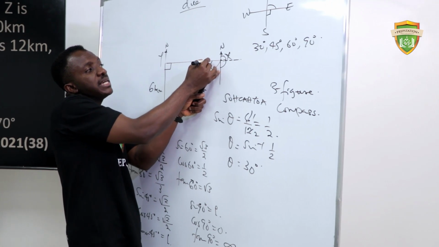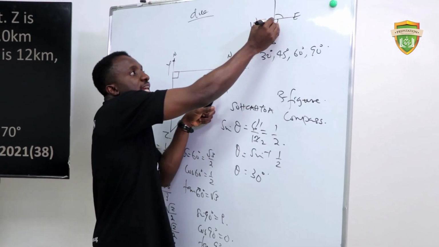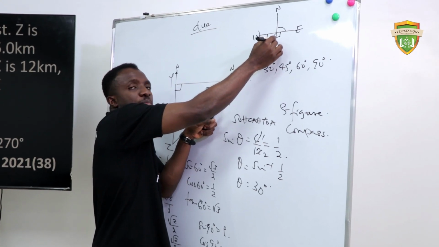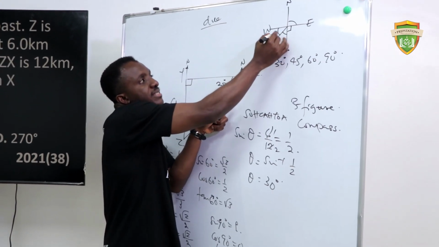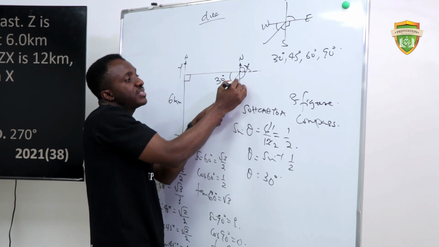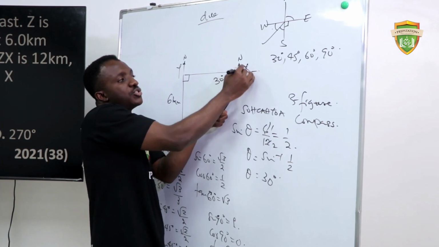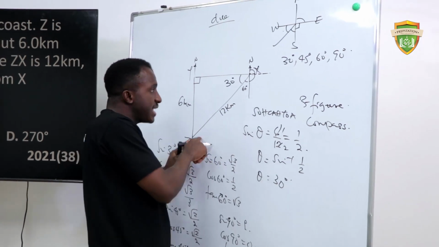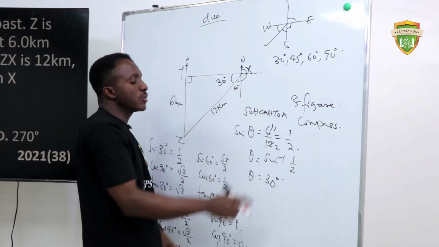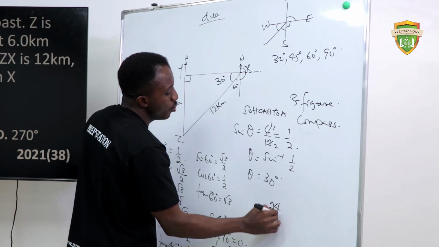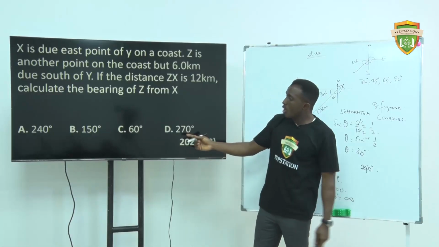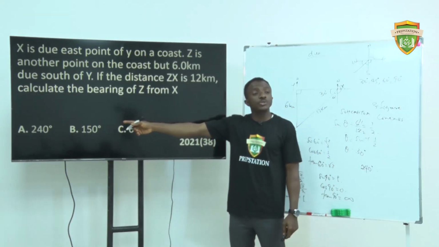If this is 30, what do you think this angle would be? Simply 90 minus 30. So this would be 60 degrees. So if I add 60 to the 180 that I have here, that gives me the bearing of z from x. 60 plus 180 is 240 degrees. So the bearing of z from x is 240 degrees, which is option A.